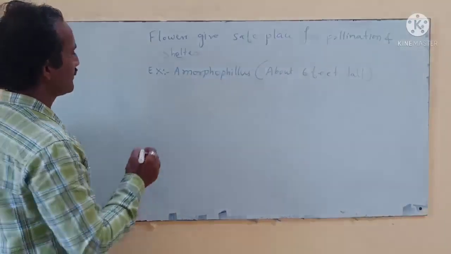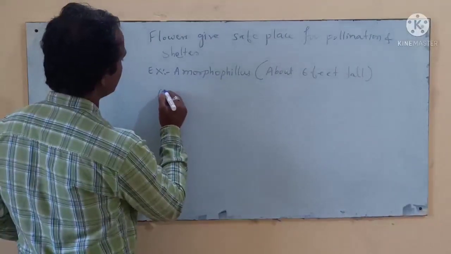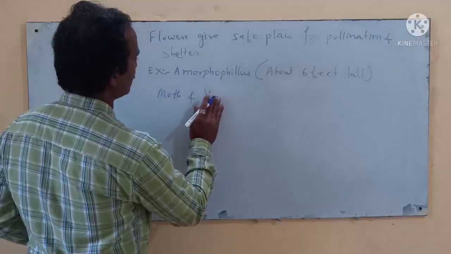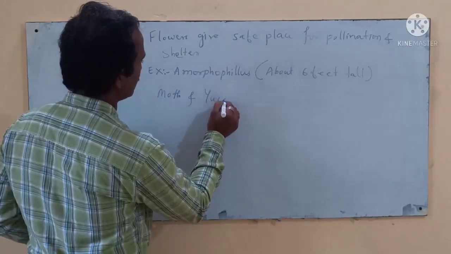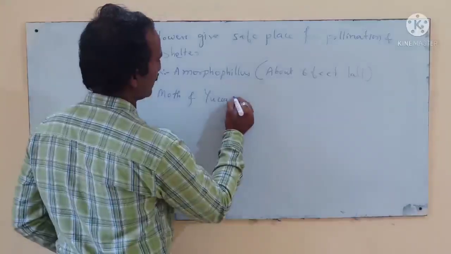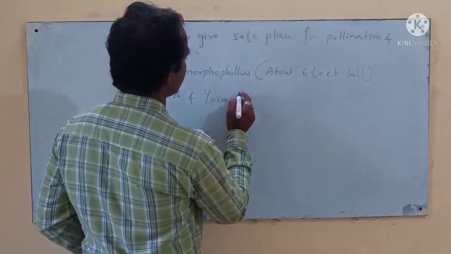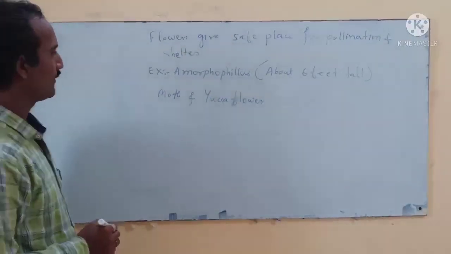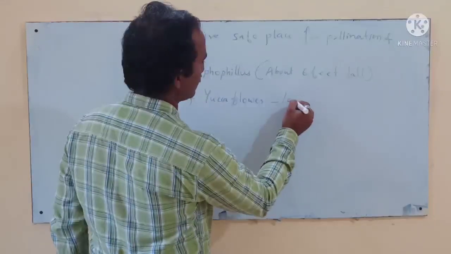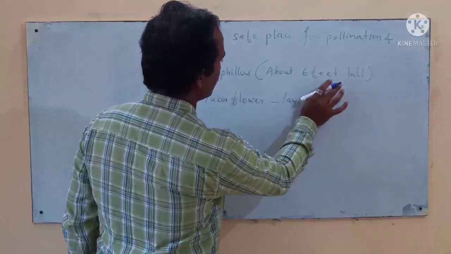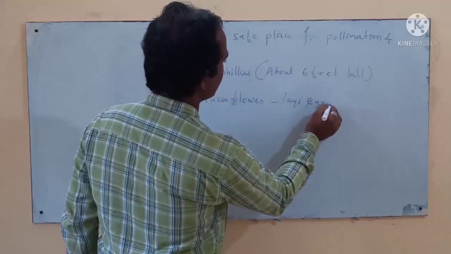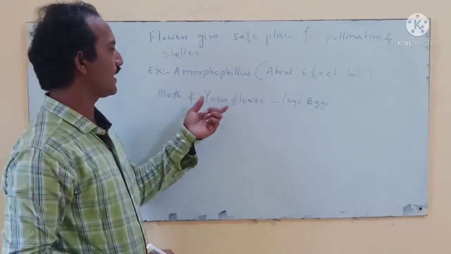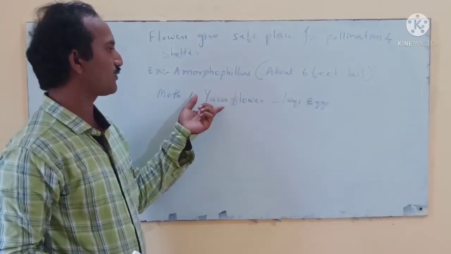Another example is the moth and the yucca plant. Yucca plant, that is yucca flower, you can say the direct flower. So moth will lay the eggs inside this flower.